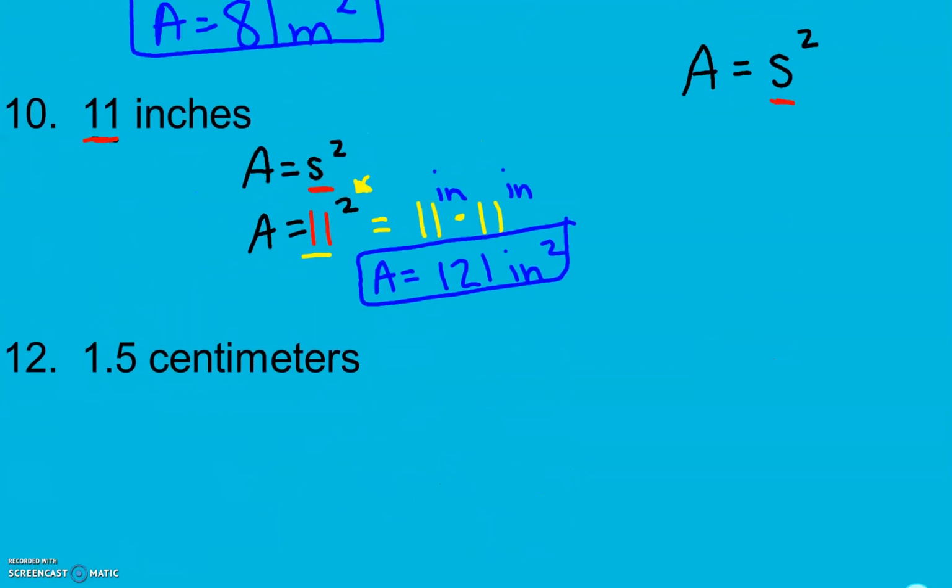And 12. Here my formula is A equals side squared, but I know that my side length is 1.5, so I plug 1.5 in for my side length. Everything else stays the same. And we write it as repeated multiplication.